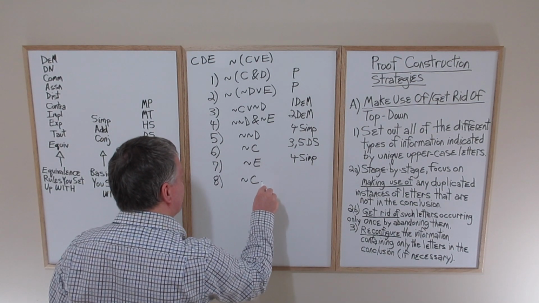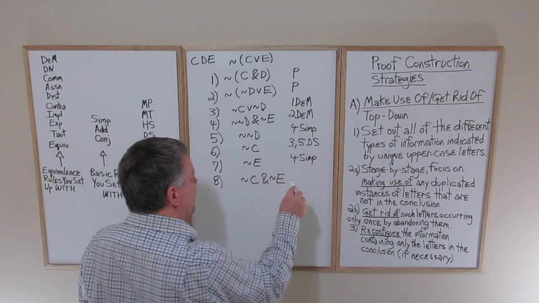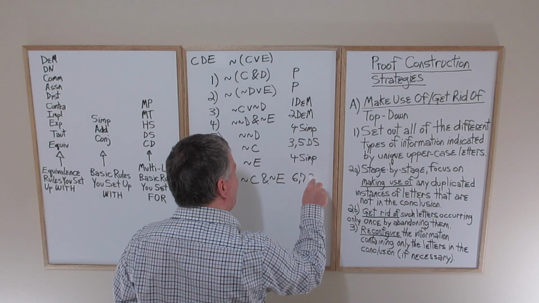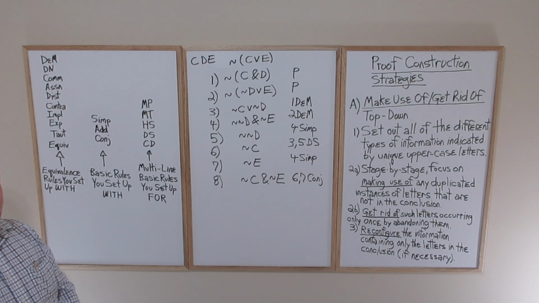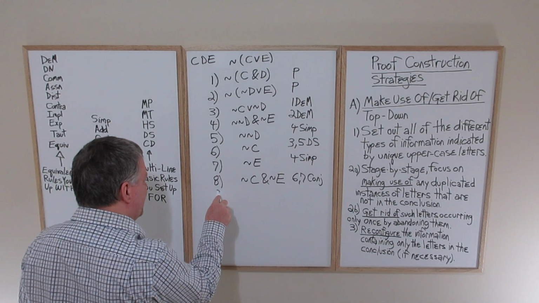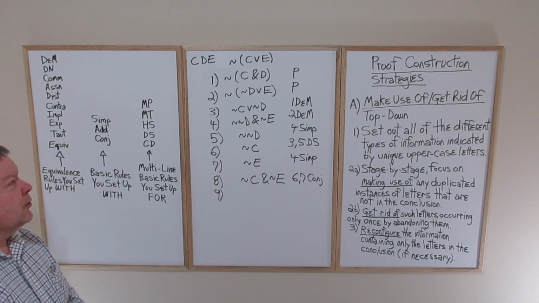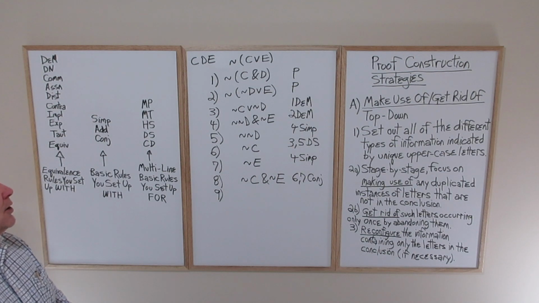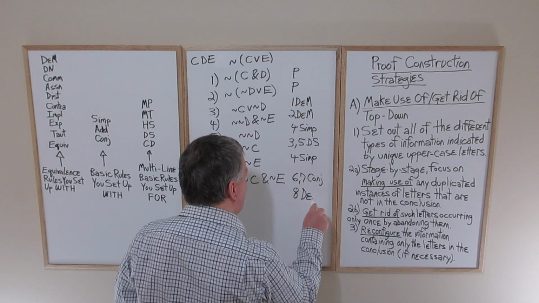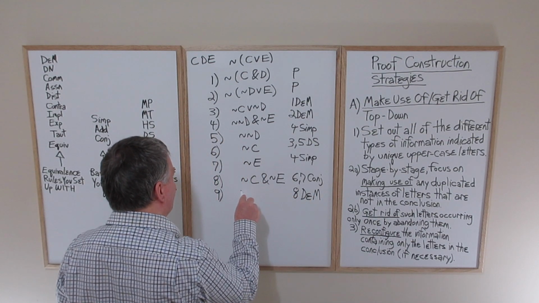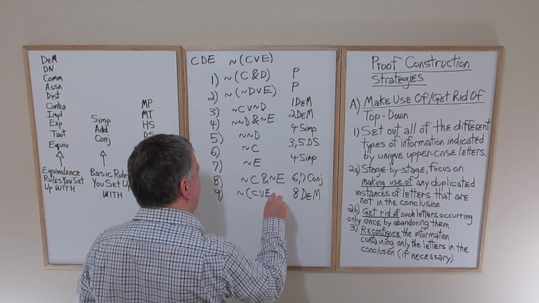We can combine them into a single line of information using the conjunction step. Finally, given the information we have, in this particular proof, we will reconfigure our C and E related information by carrying out a third De Morgan step to give us tilde C or E.